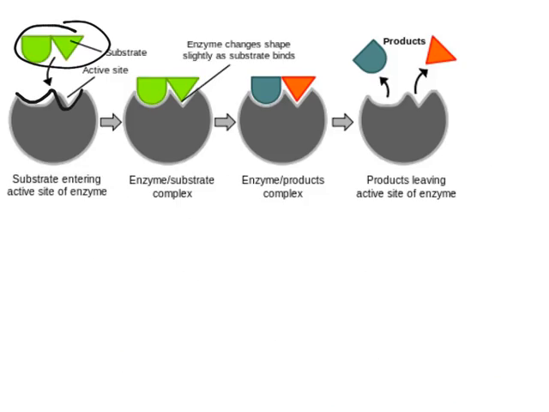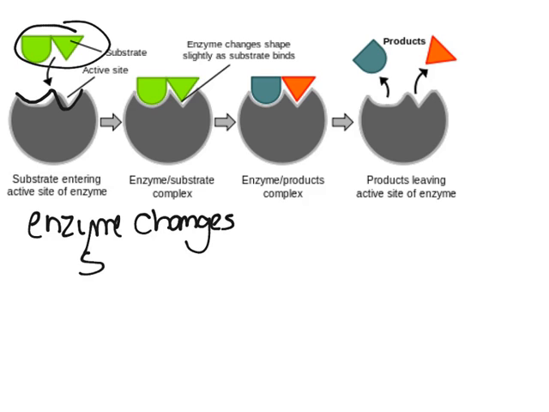The enzyme changes its shape. And this is known as conformation. And it's just a minor change to get the substrate to bond.